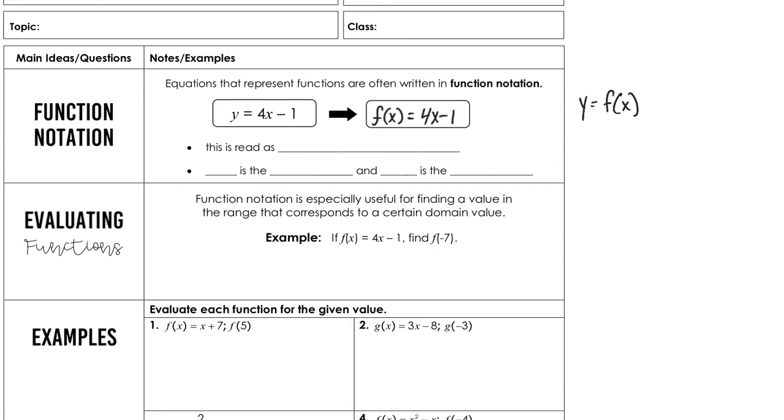The important thing is understanding that this entire piece here is what really is representing y, and remembering our notes from yesterday, y is equal to the output. So if y is equal to the output, then f of x must also be called the output, right?